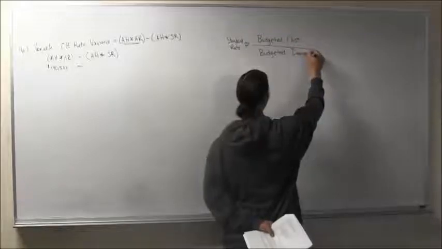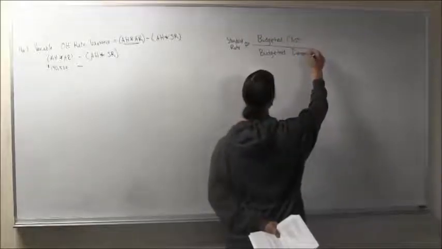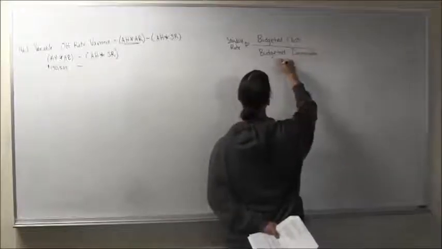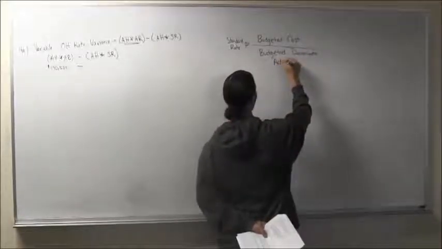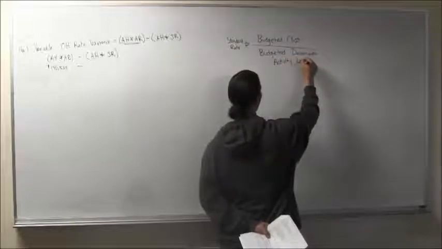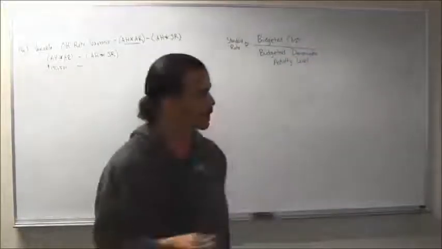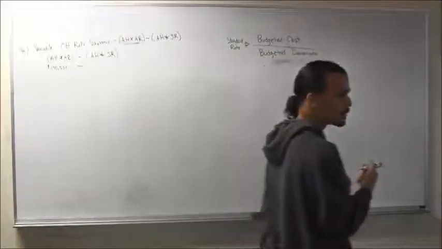Denominator activity level. Is that right? Everybody has heard that word, denominator activity level, a million times. Why did I erase units and put that instead?